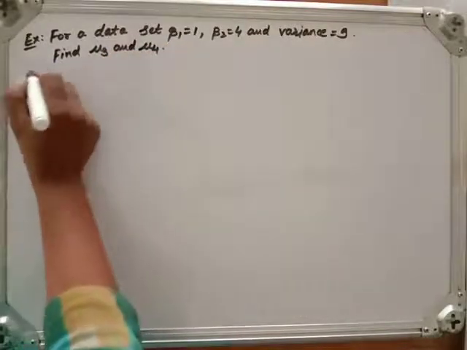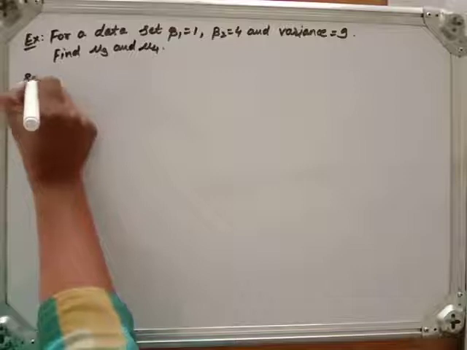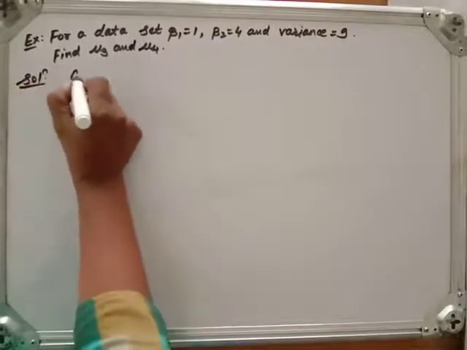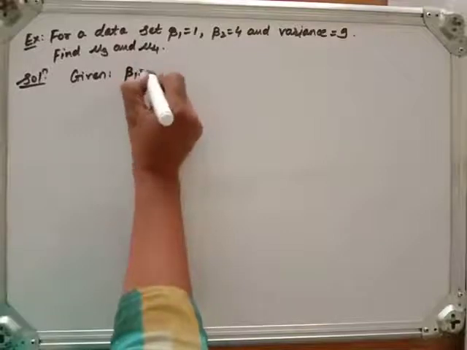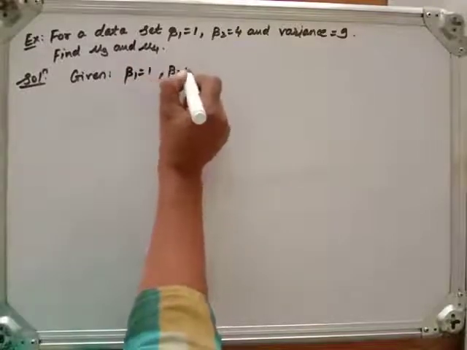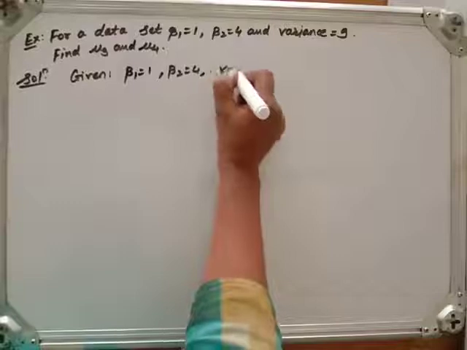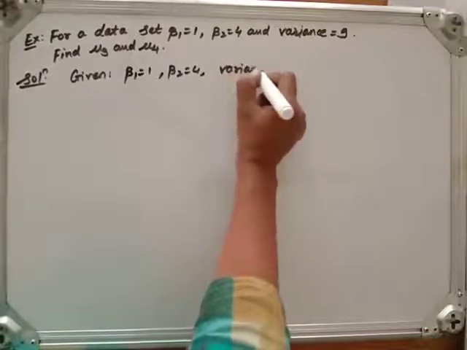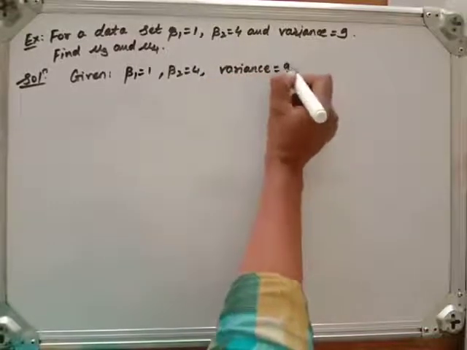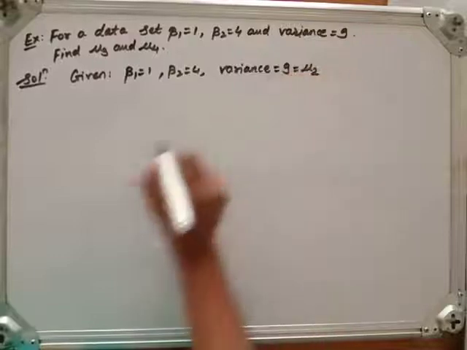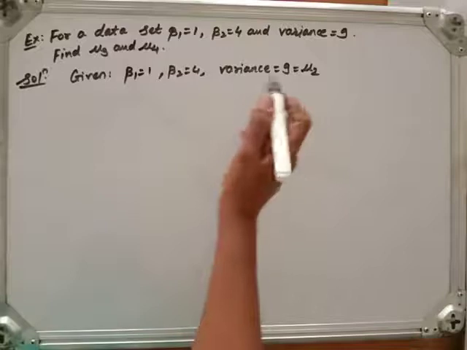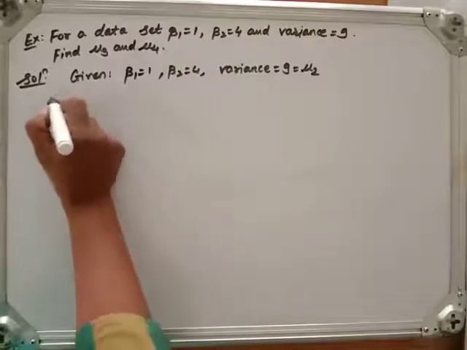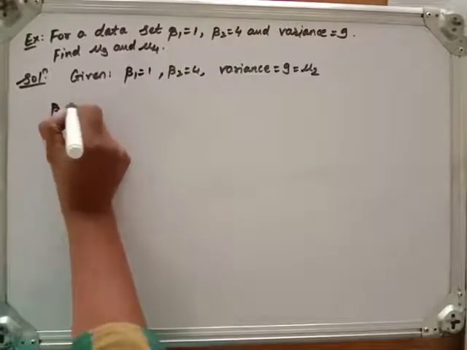Same kind of question. Solution: the value of beta 1 is 1, the value of beta 2 is 4 and variance is given. Now you know variance is nothing but mu 2. So the question is left for mu 3 and mu 4, and we solve it like the previous question.